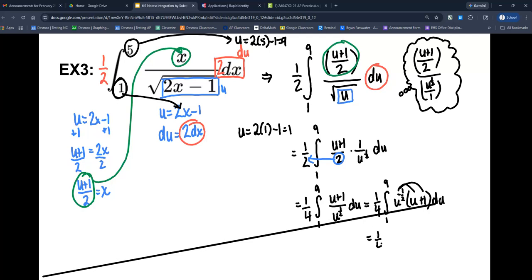So I got 1/4 integral from 1 to 9 of u to the 1/2 plus u to the negative 1/2 du. Whew. All of this just to get to the point where you can actually integrate. Let me take a second here to see if you have any questions.